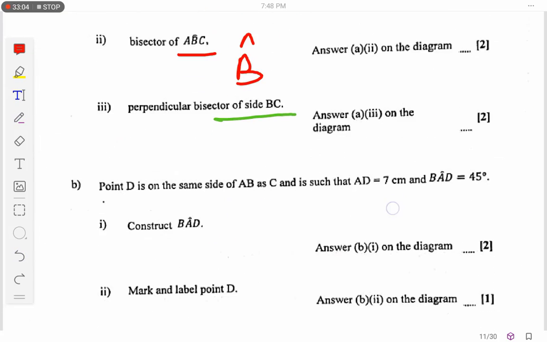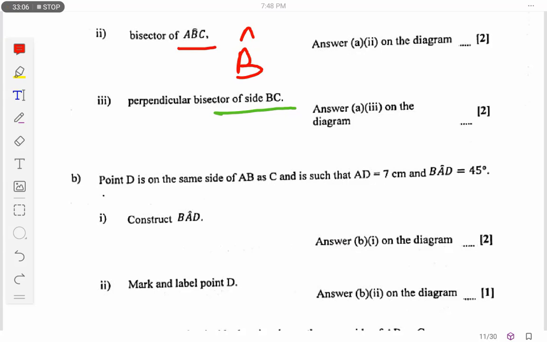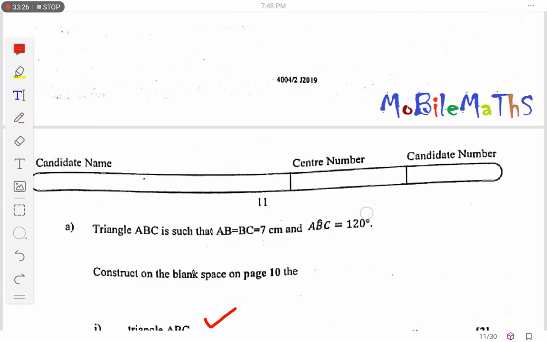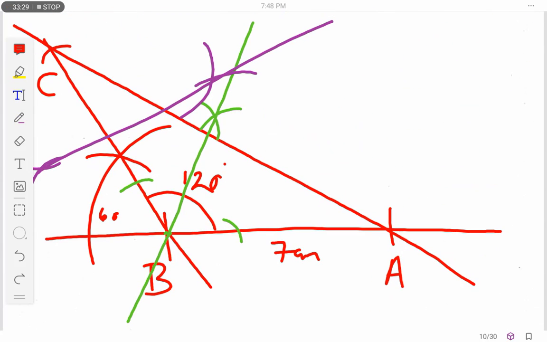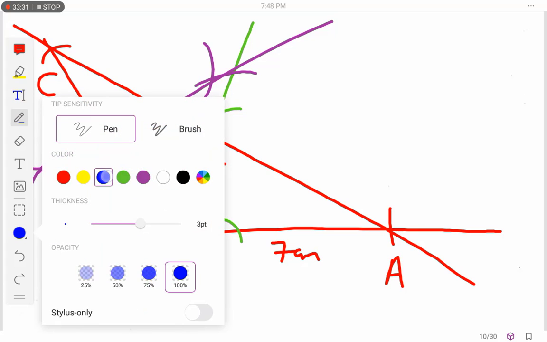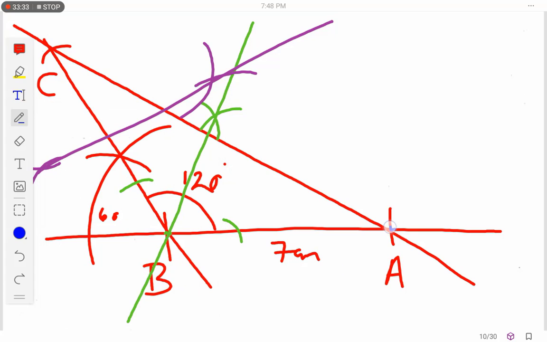The next question is saying point D is on the same side as AB, as C, and is such that AD is 7 centimeters. Okay, and then it is 45 degrees from A. So we have to construct this 45 degrees and we also have the AD 7 centimeters. Let's do that. At this point here, we want to construct 45 degrees.